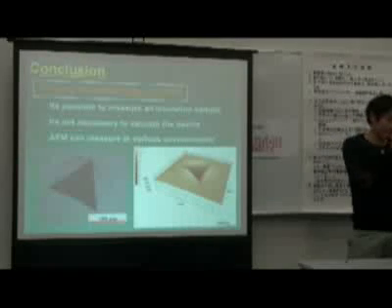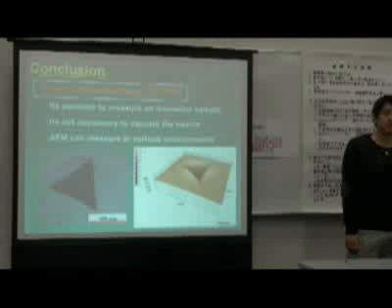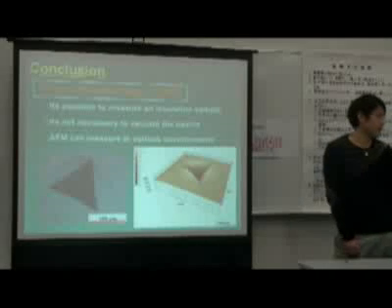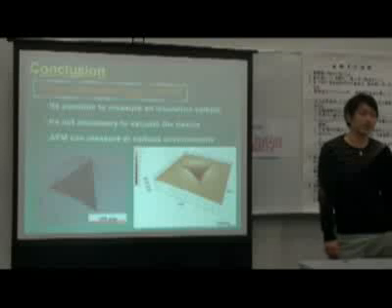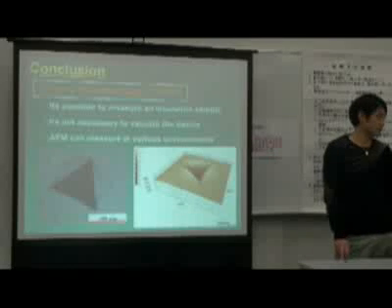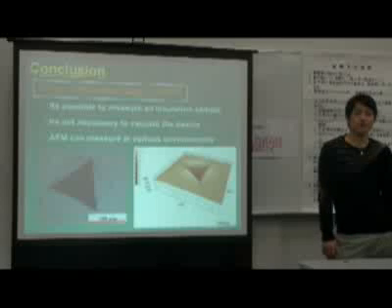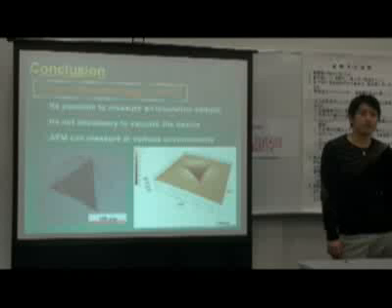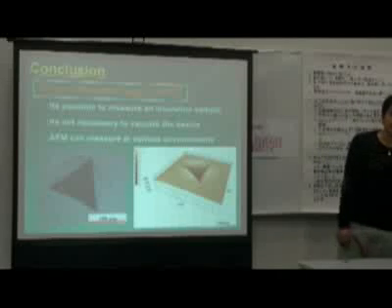Also, SEM needs a vacuum in the device, but AFM doesn't need it. Finally, AFM can measure in various environments, for example, high and low temperature, in liquid or in air.